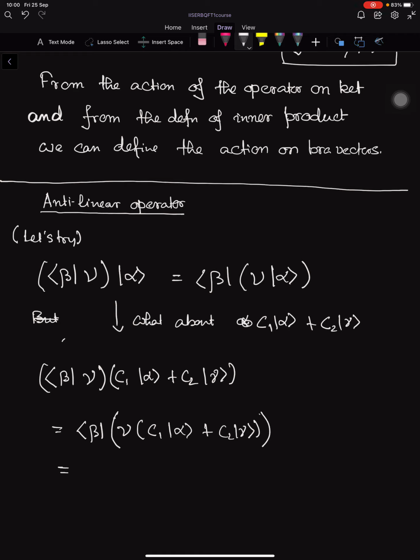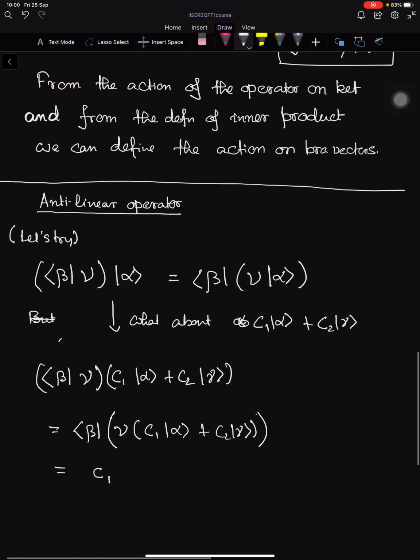And then since B anti-commutes with C, since B takes C1 to its complex conjugation, this is the same as C1 star beta P acting on alpha plus C2 star beta P gamma.